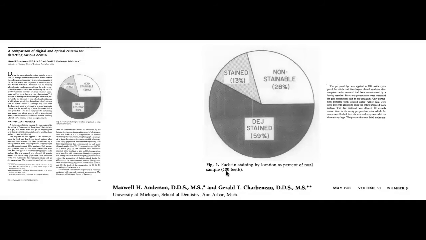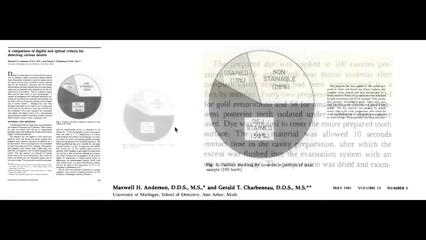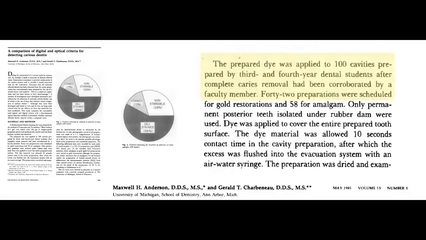In this particular case, this study was done at the dental school in Michigan, and it was done having third and fourth year dental students in the clinic with real patients. The way that the study was conducted, they had 100 teeth or 100 cavities that were prepared by the third and fourth year dental students, and they were only assessing caries removal using the explorer or the spoon excavator, just like it is normally taught in dental school and still being taught in dental school this way.